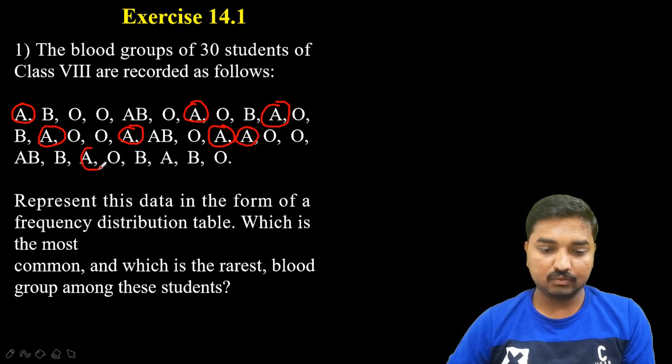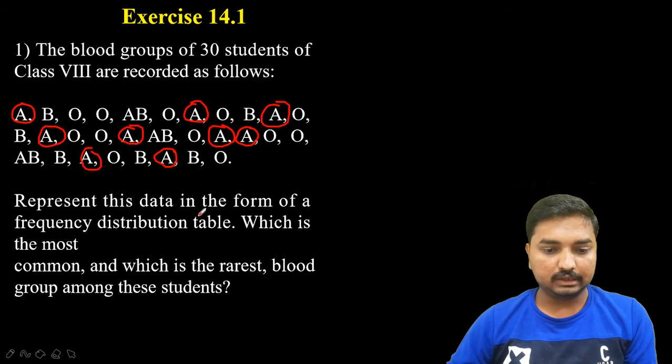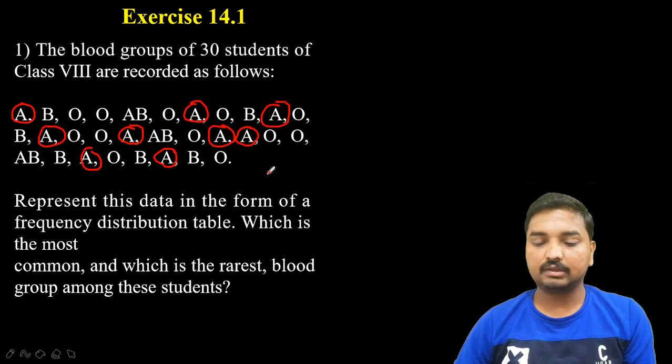Here is one person, and here one more person, blood group A. I think I have marked all the persons with blood group A. Again I'm going to verify here. Yes.